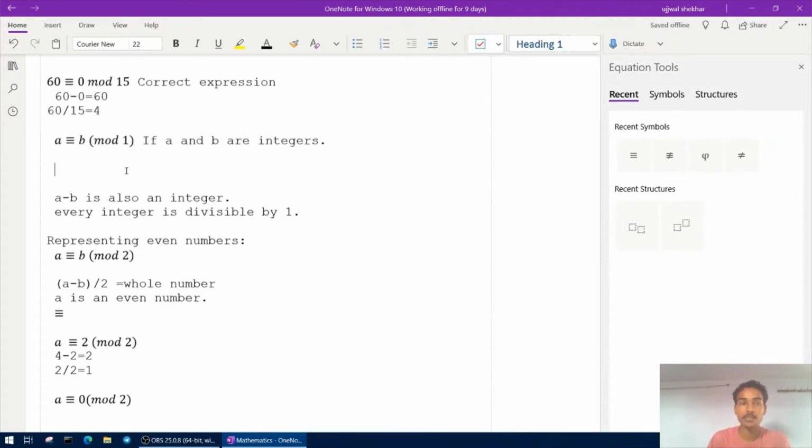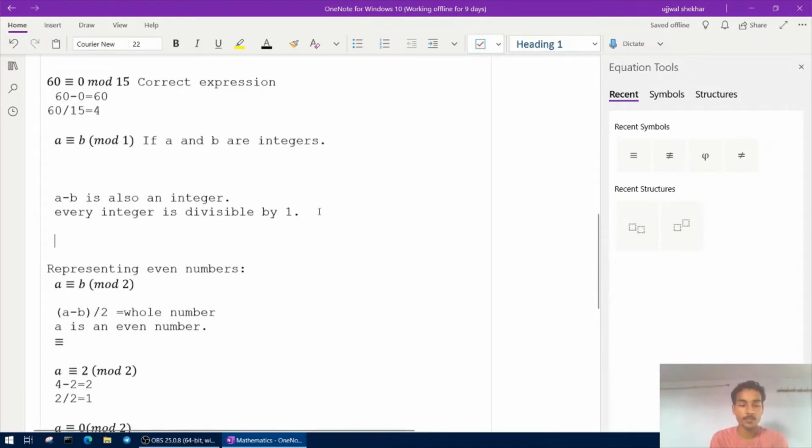So in general we can write this expression as correct for any a and b. Let's say we are taking 29 is equivalent to 34 mod 1. So this is also a correct expression.